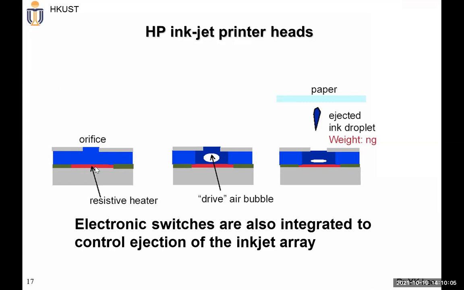Then the important thing here is we cannot have 1,000 wires to apply the voltage to each micro heater. So the key thing here is we also need some special analog ASIC circuit design, with additional electronic switches integrated with the inkjet print head to control it, right?